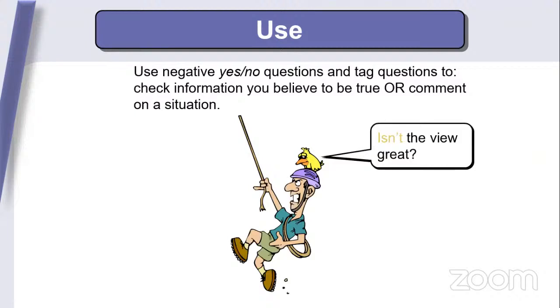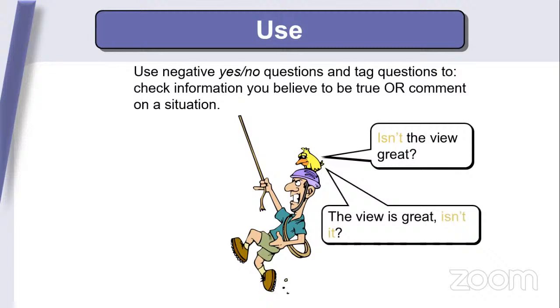And then we have the negative yes no questions. When we talk about negative yes no questions, over here we can find, isn't the view great, for example. The view is great, isn't it?